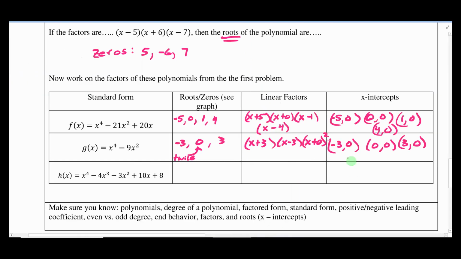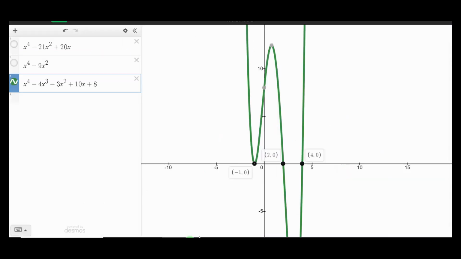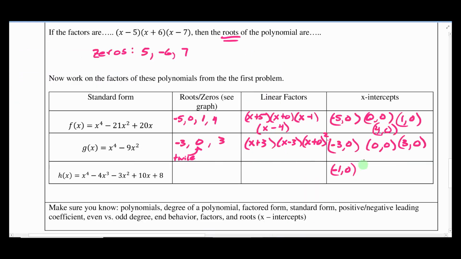All right, so we've got (-1, 0), (2, 0), and (4, 0). Right, and then my roots, or the zeros, are going to be right here, the x coordinates of these things. We've got -1, 2, and 4.